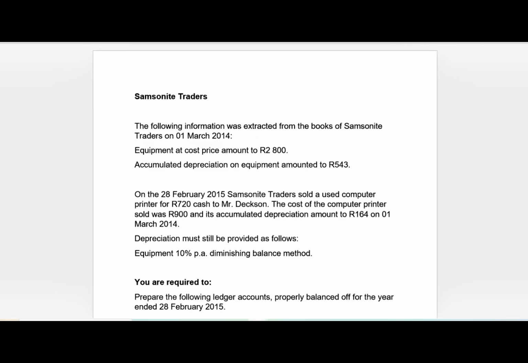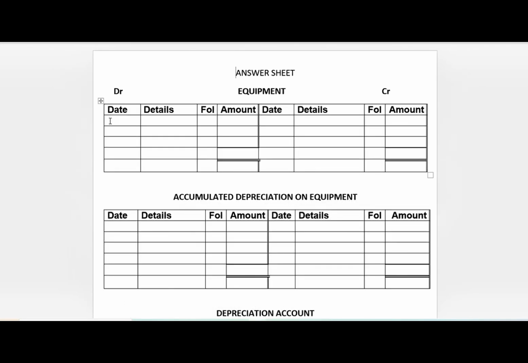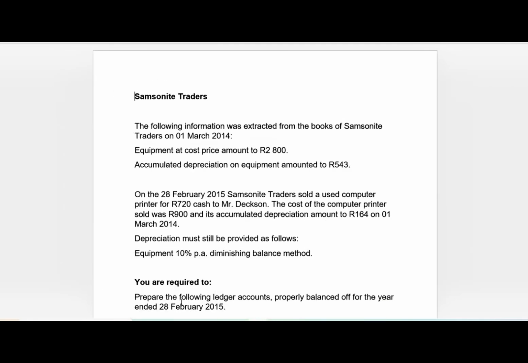So we go to our answer sheet on the equipment account and say on the 1st of March, there was the balance brought down of 2,800.